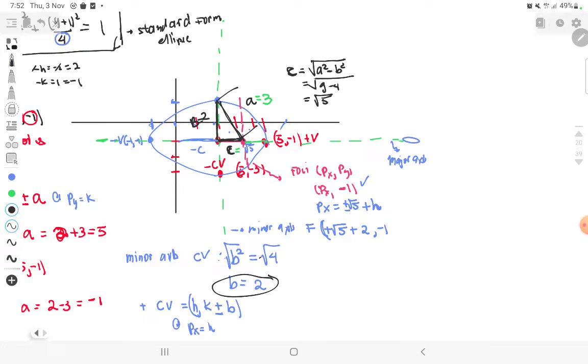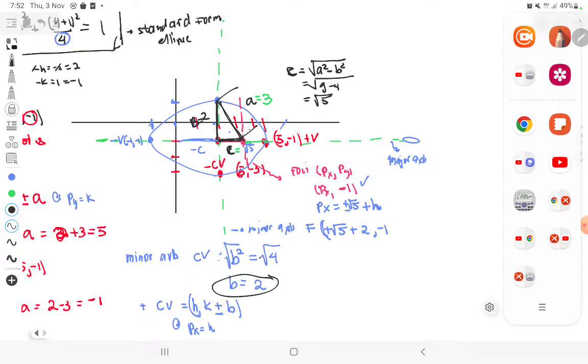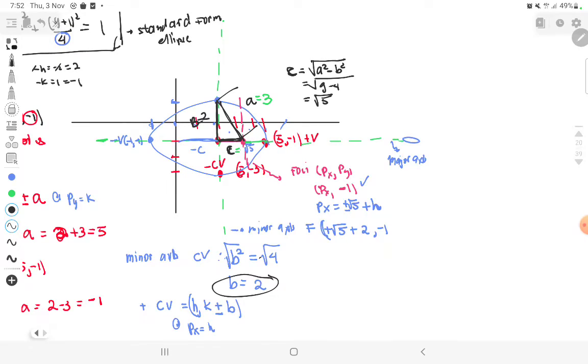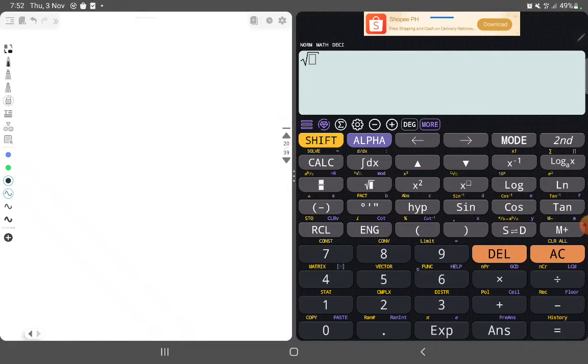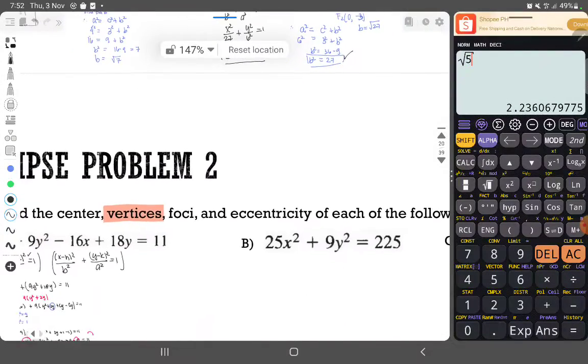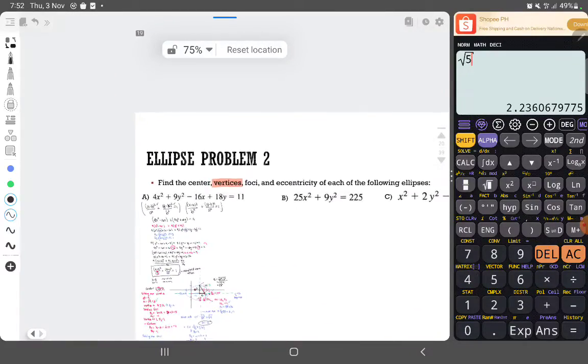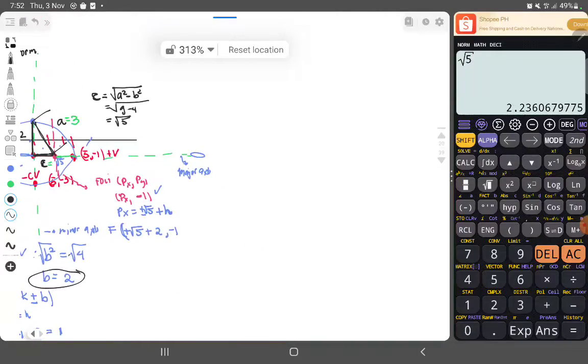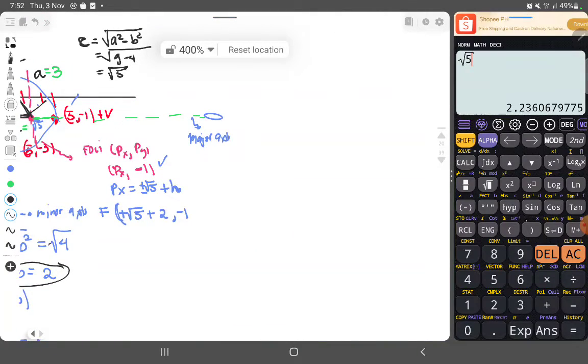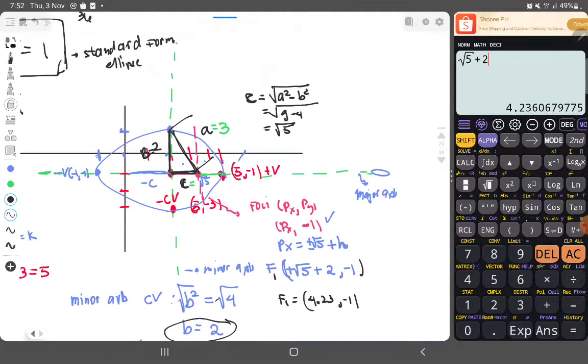Therefore the square root of 5 plus 2 is 4.23. So we have F1 equal to 4.23 at negative 1.